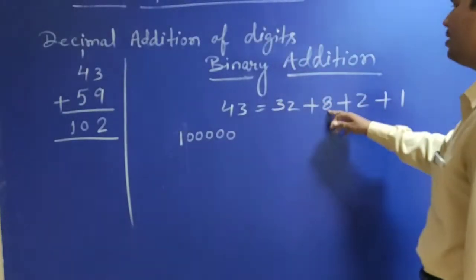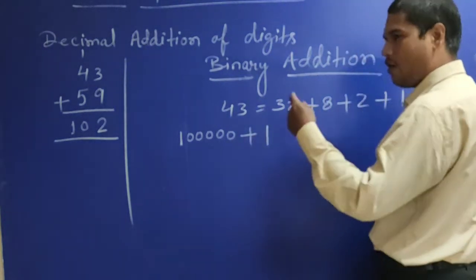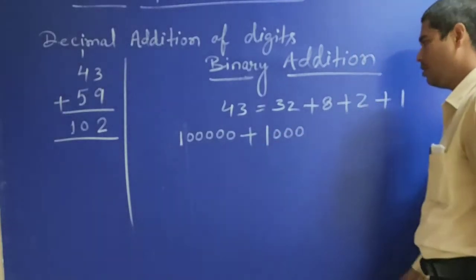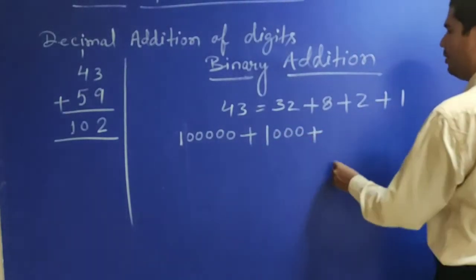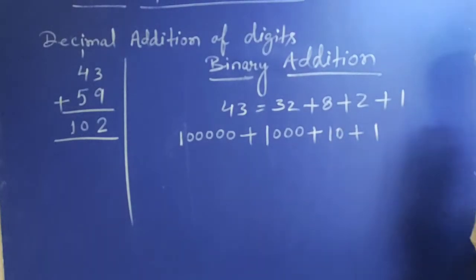The next number is 8, which is 2 to the power 3, and 2 means 1 and 0, and 1 is itself 1.